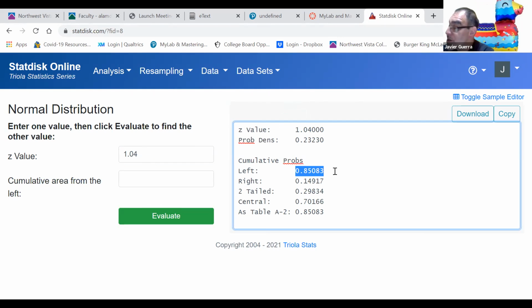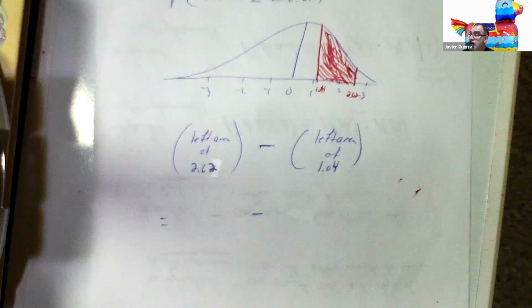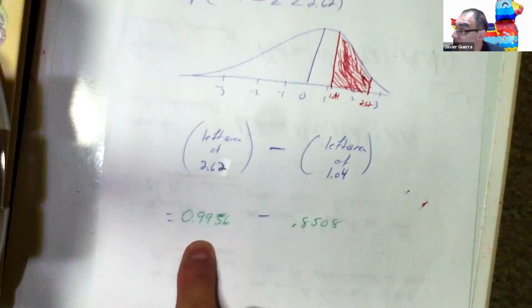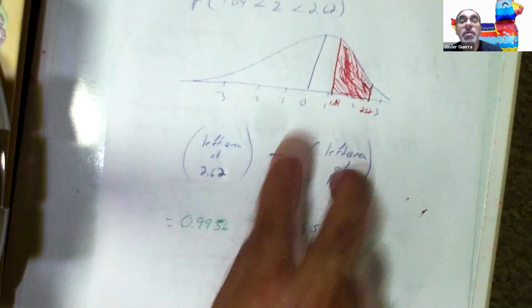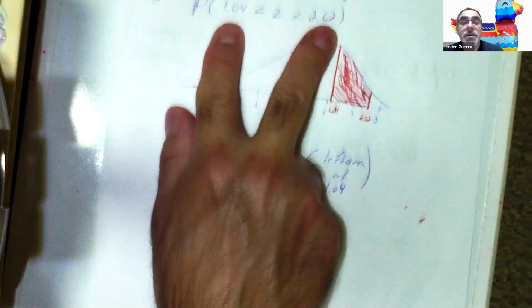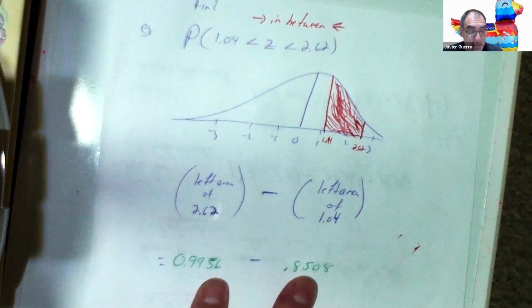I don't have to change that last 8 to anything because the next digit is 3. So now I have the two areas. I got both areas of the left. To the left, to the left. Once you get those two areas for these two numbers, find the areas, now you subtract.